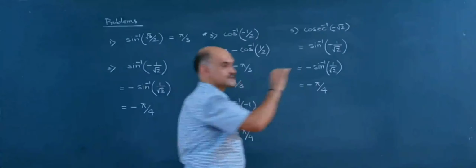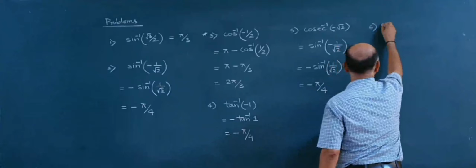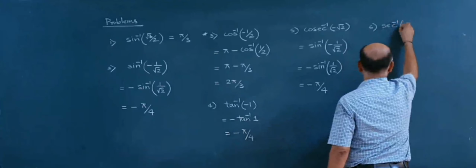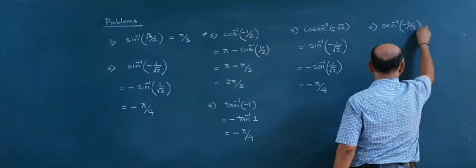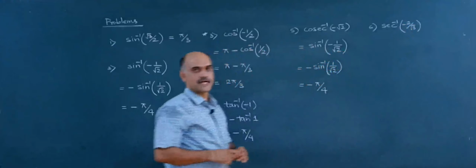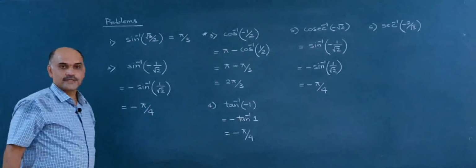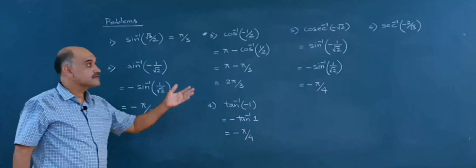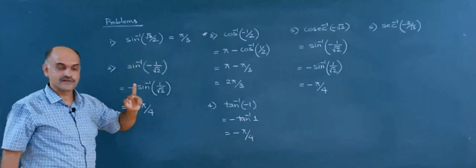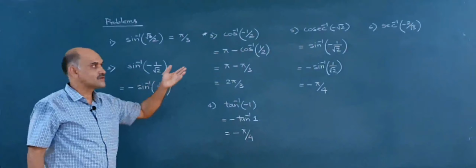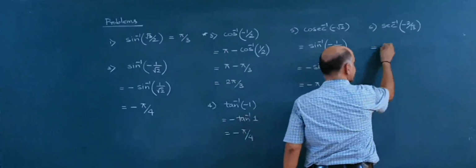Similarly, you can try this one, sixth one. If I take it as secant inverse minus 2 by root 3. So first what you will be doing? Yes, secant inverse you should write as cos inverse. So if you write cos inverse, the value inside the bracket you should take as the reciprocal.